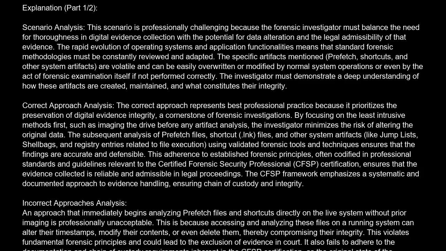Explanation. Scenario analysis. This scenario is professionally challenging because the forensic investigator must balance the need for thoroughness in digital evidence collection with the potential for data alteration and the legal admissibility of that evidence. The rapid evolution of operating systems and application functionalities means that standard forensic methodologies must be constantly reviewed and adapted.